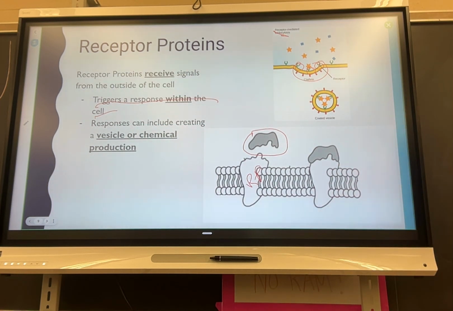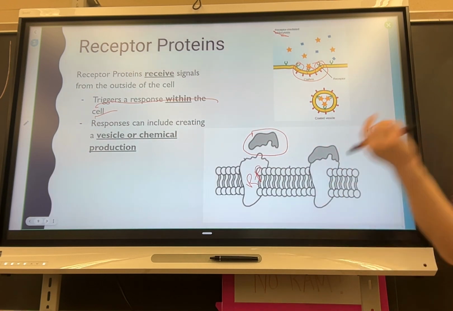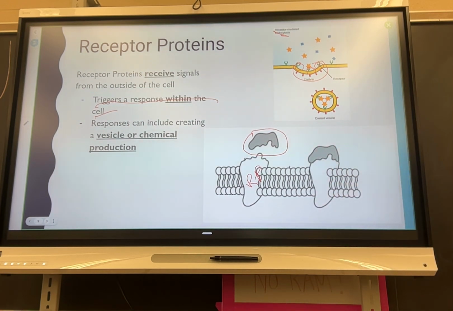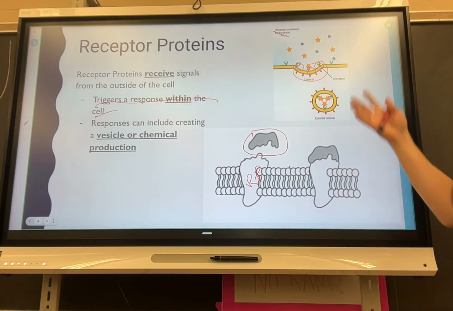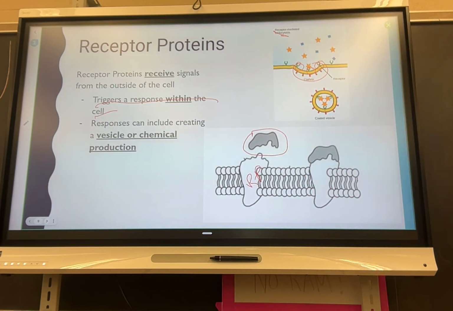So these receptor proteins are going to be very important to how the cell works and how it brings different particles into the cell. We will actually see a video of this here in a bit, if we have time for it today, about this type of endocytosis.